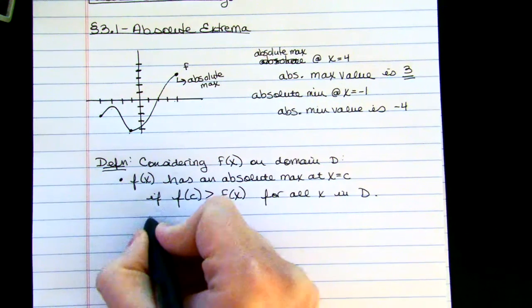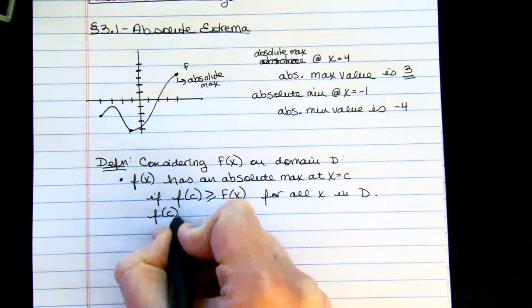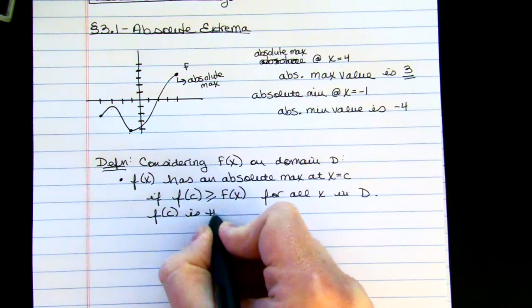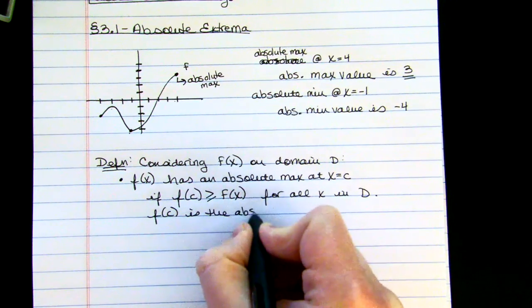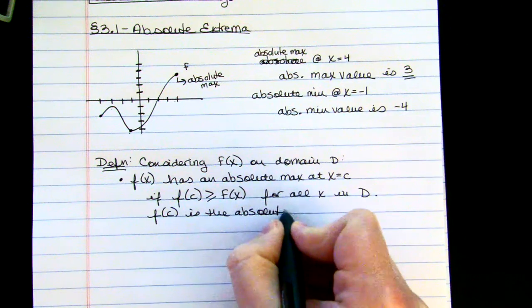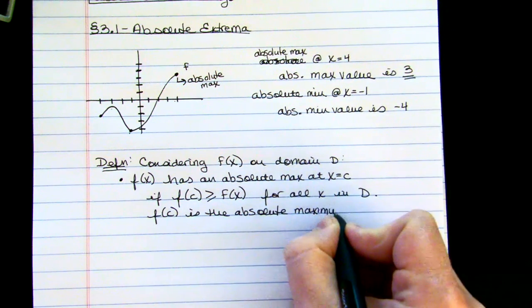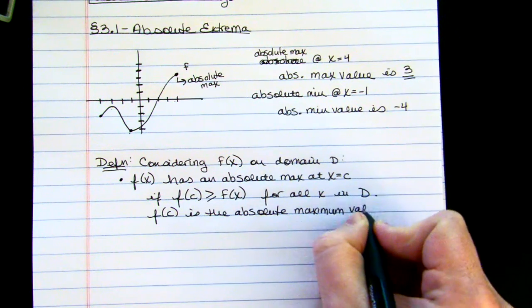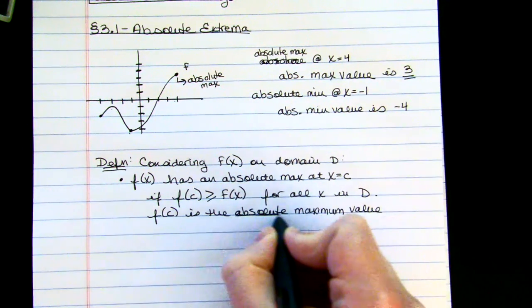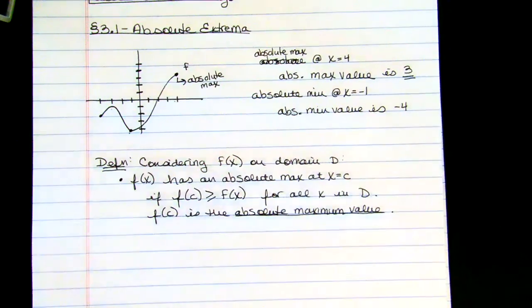Going along with that, I would say that f of c is the absolute maximum value, that y value that's greater than or equal to all the other y values. Take a moment and copy that down.